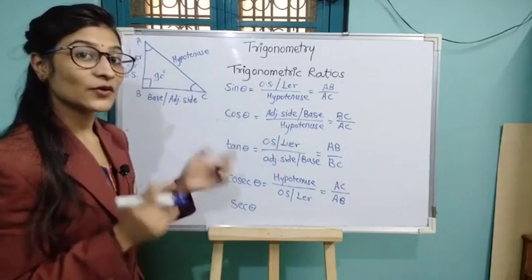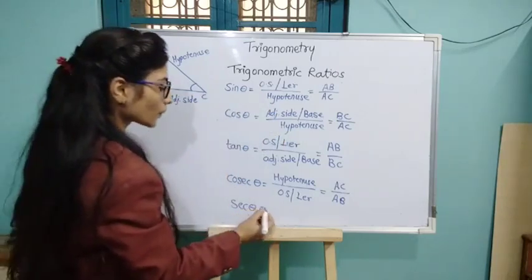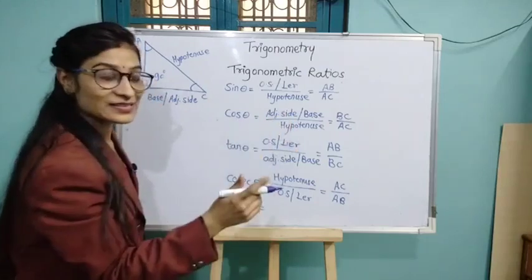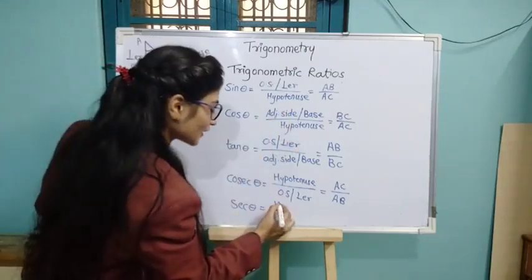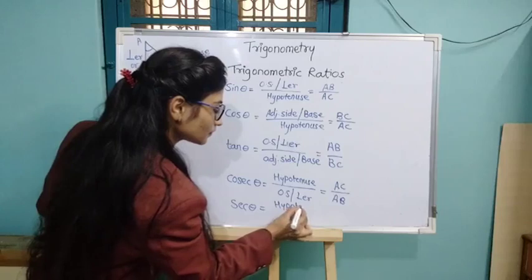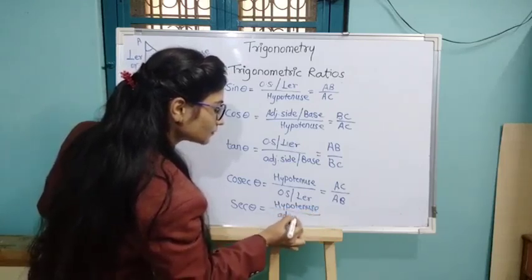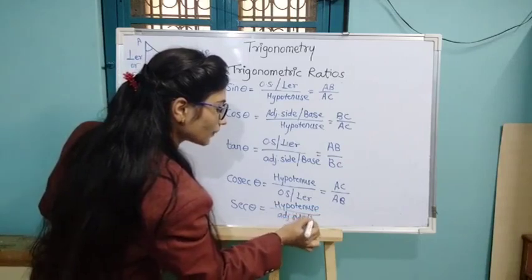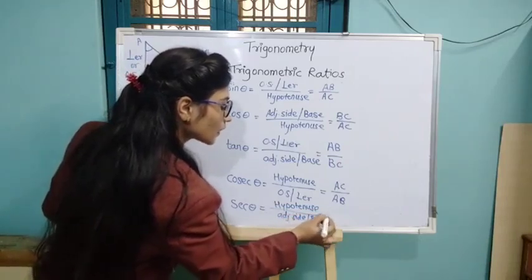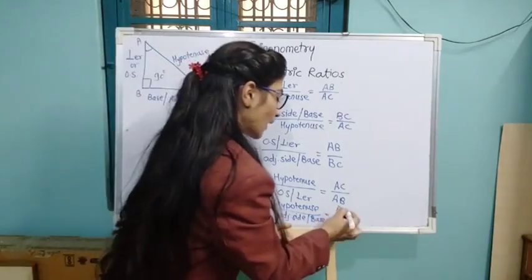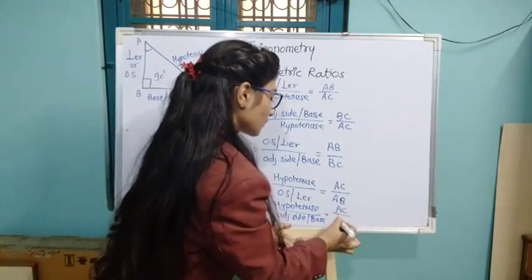So the reciprocal of cos theta is hypotenuse upon adjacent side or base. Here the hypotenuse is AC and the adjacent side is BC.